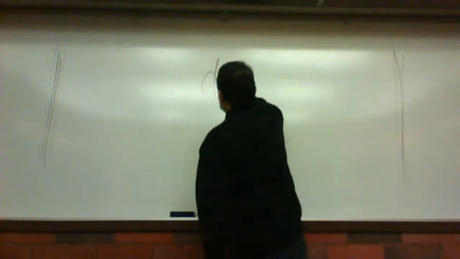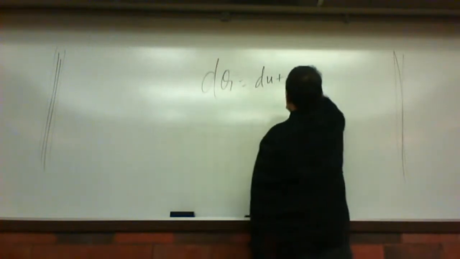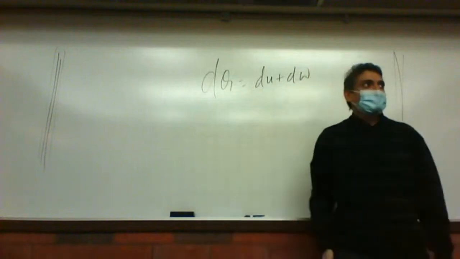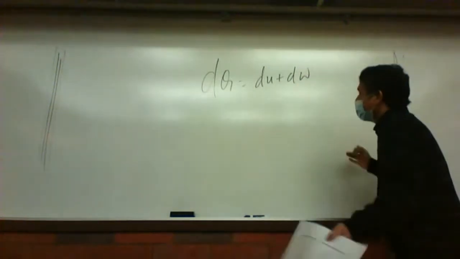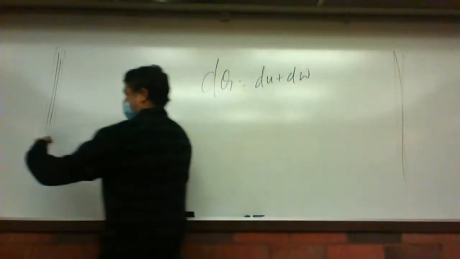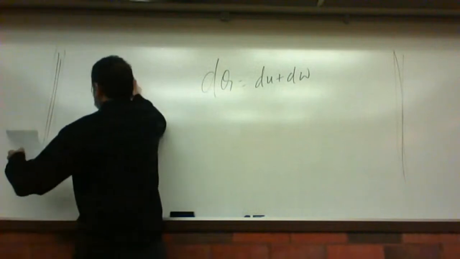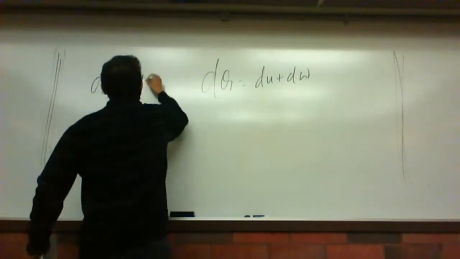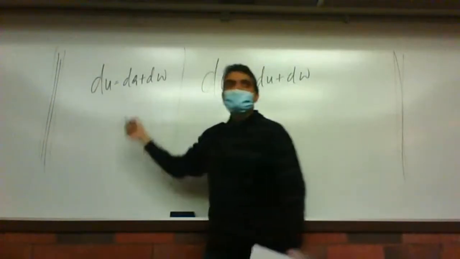In some books, you will see dq is equal to du plus dw, like this. In another book, on another page, they may write du is equal to dq plus dw. Somewhere you may see something like this, somewhere you may see something like that.